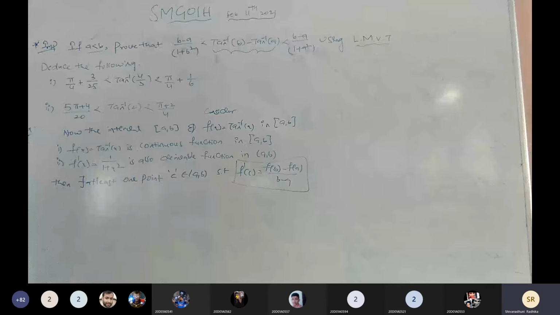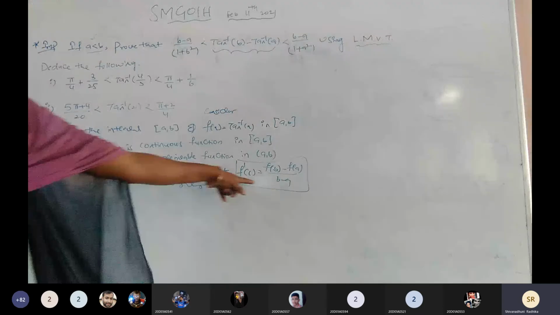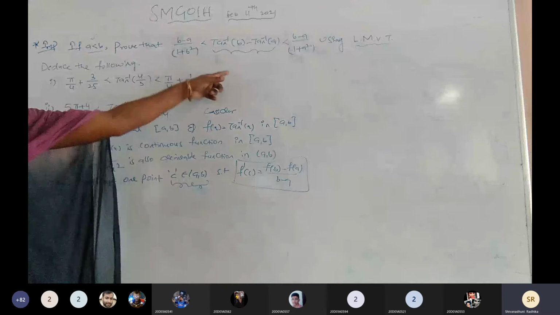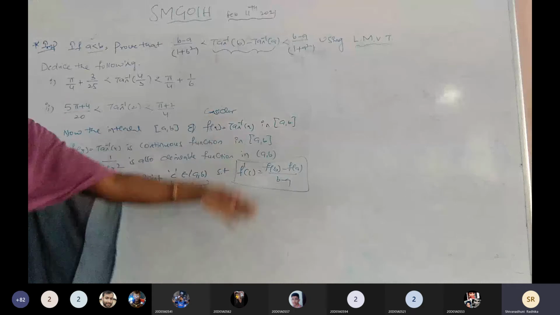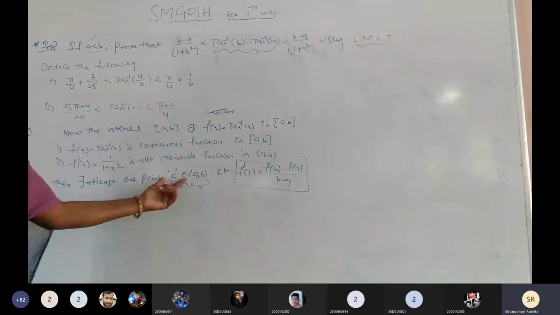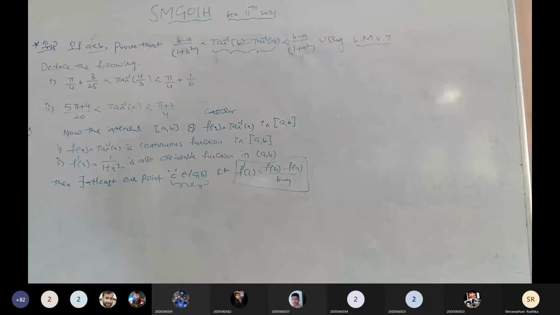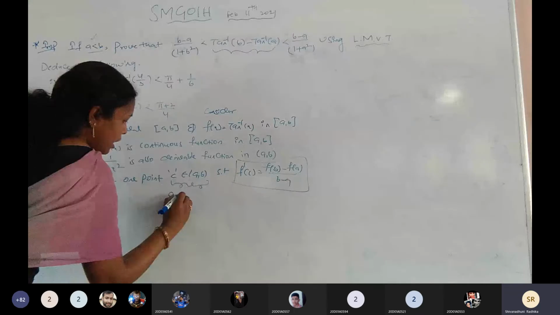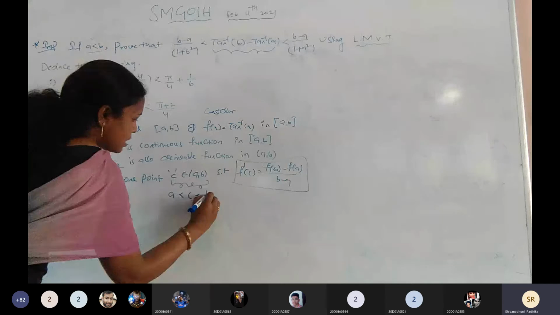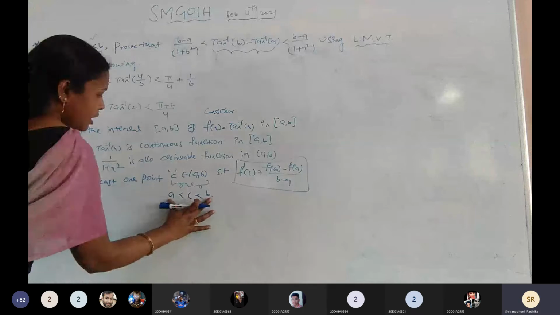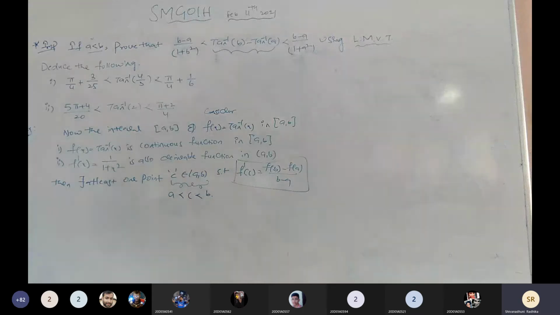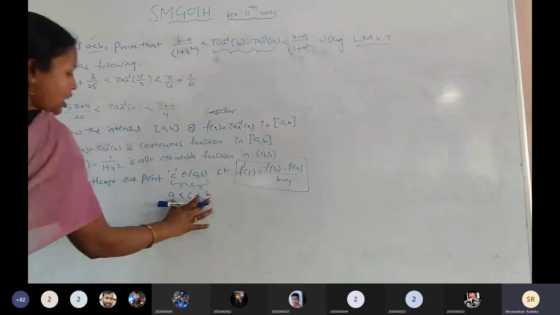We are not going to find the C value because we need to prove this inequality. So just leave that formula; we will use it again in the proof. And C belongs to the open interval A comma B can be written as A less than C less than B. That is, the C value must be in between A and B.